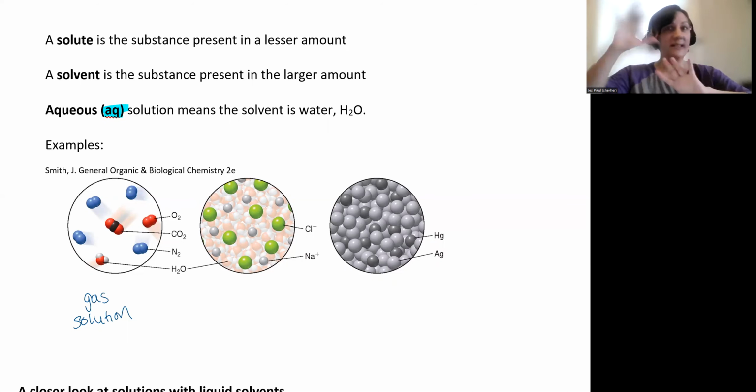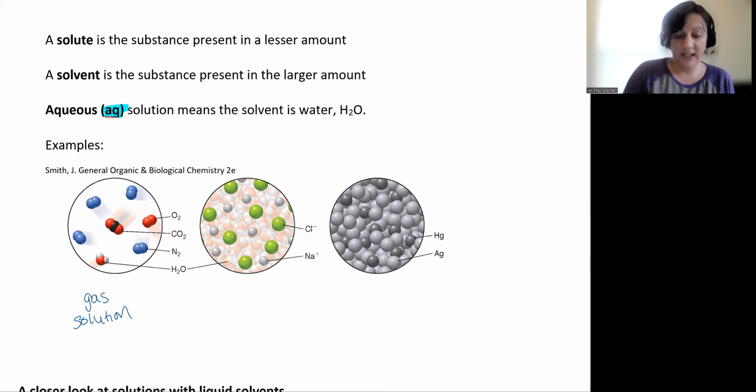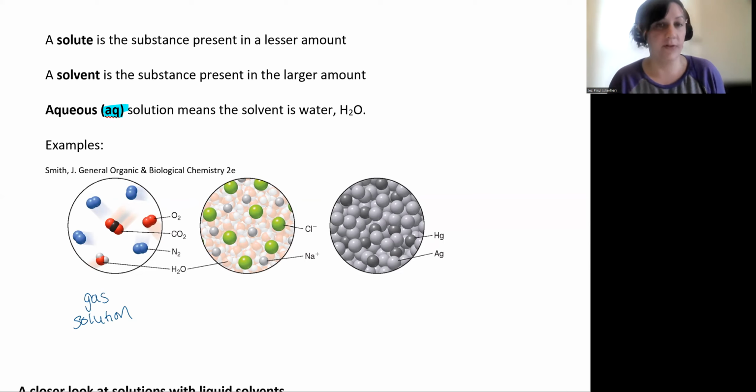And they're all mixed together in a uniform way where you can't pick out like the nitrogen in the room or the oxygen in the room. So it's a solution. We also can think of something like salt water. So salt water will have ions dissolved in water. And so this is showing sodium chloride, which is table salt dissolved in water.